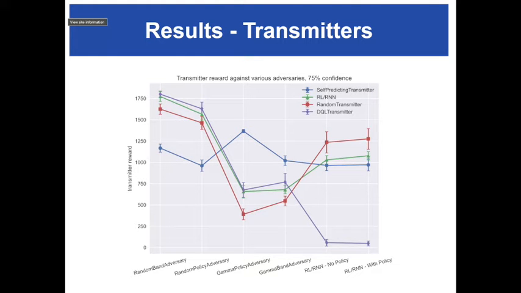But it shows the room for improvement these reinforcement learning based agents could have had if they were able to more successfully determine the adversary strategy. And one thing you can note is that against the RNN no policy and with policy adversaries, the transmitter that actually performed the best was the random transmitter, which was actually pretty surprising to us.